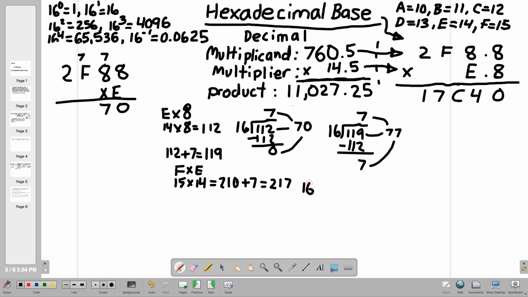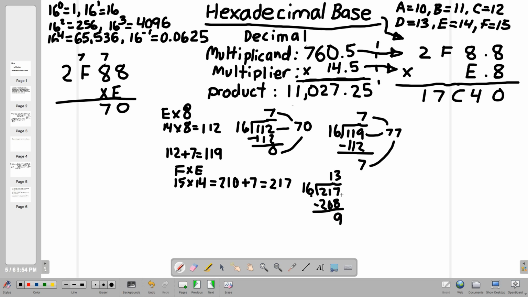So 16 goes into 217 13 times. And then 13 times 16 equals 208. So that's saying that we're going to subtract 208 from 217. And that's going to leave us a value of 9.